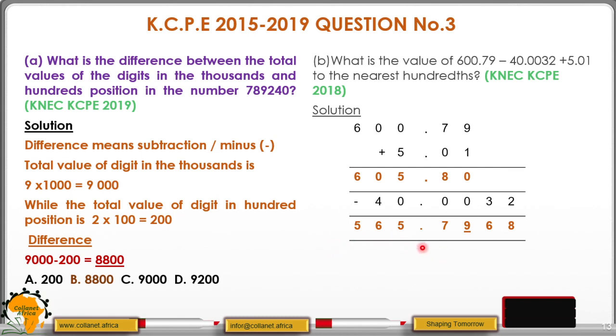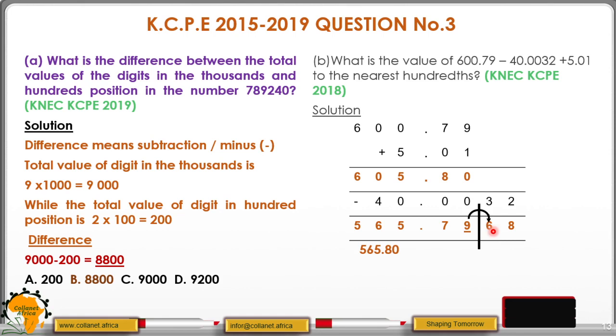So now after checking that, you reread, and we are told about the nearest hundredths. So it is not ones, tens, hundreds. It is ones, then we have tenths, then we have hundredths. So you underline this one and then you check the number that is next to the right. This 6 is greater than 5.